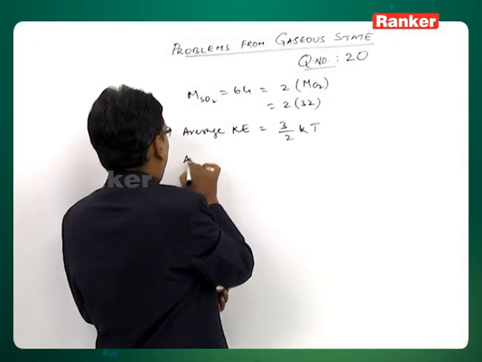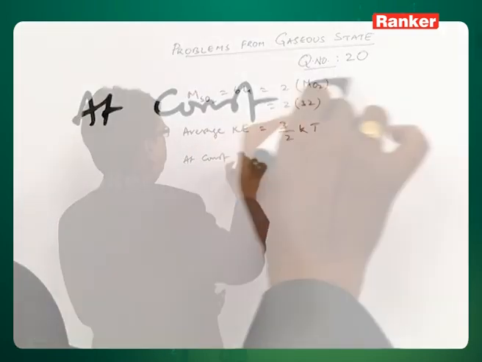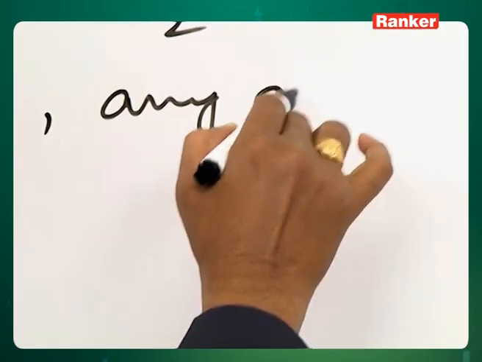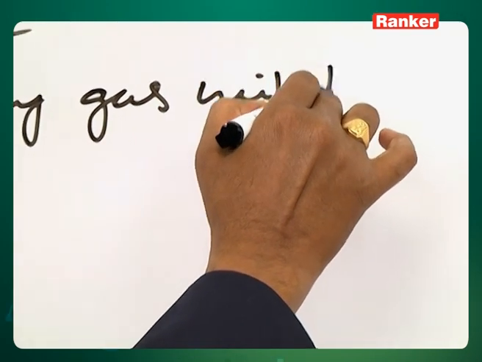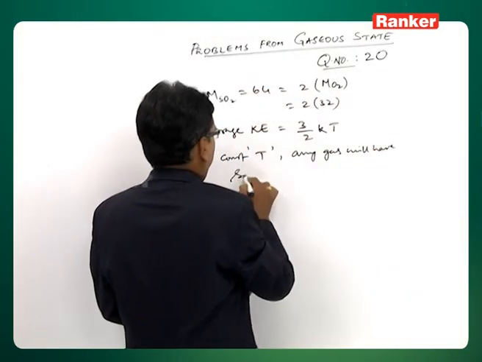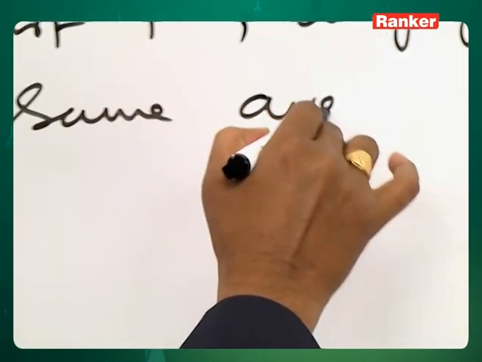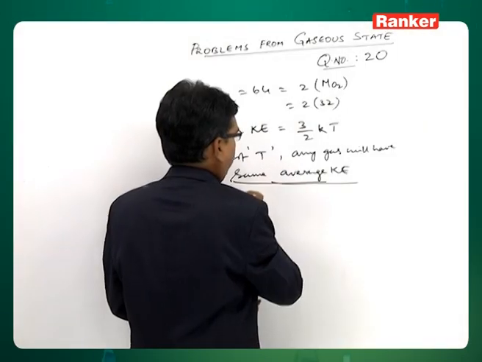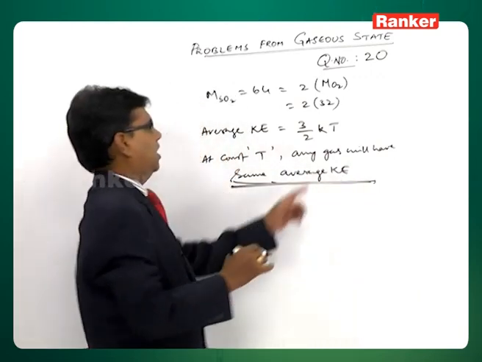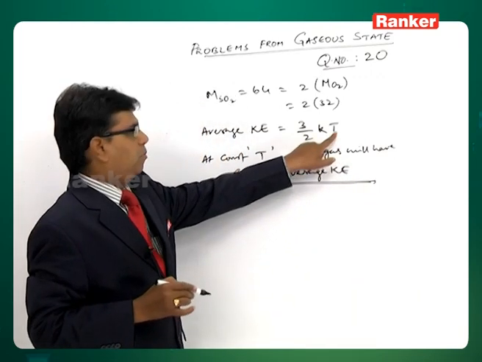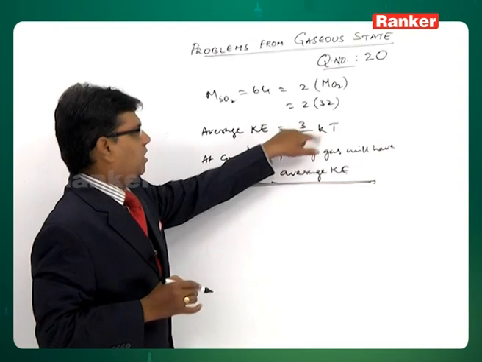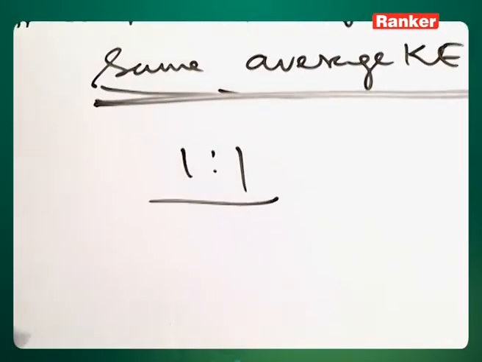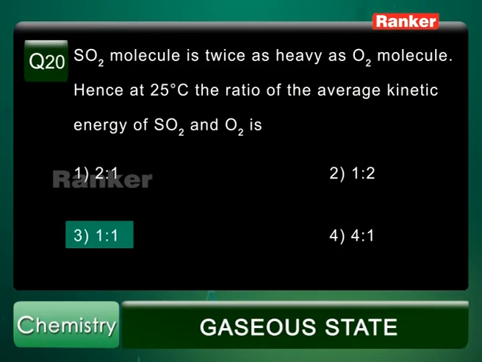So, at constant temperature, any gas will have same average kinetic energy, because if T is constant, k is constant and everything is constant. So, the answer must be 1:1. So, the correct answer is the third option.